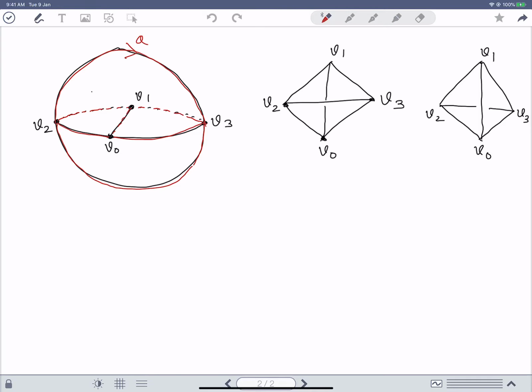Now since we are identifying the antipodal points, right? So this point will be identified with this point, right? Because these are the antipodal points. So that means this edge, the upper edge, will be identified with the lower edge with this orientation. So if we consider this is my A, then the lower one in this direction will be my A. Okay. Now suppose this is my B.